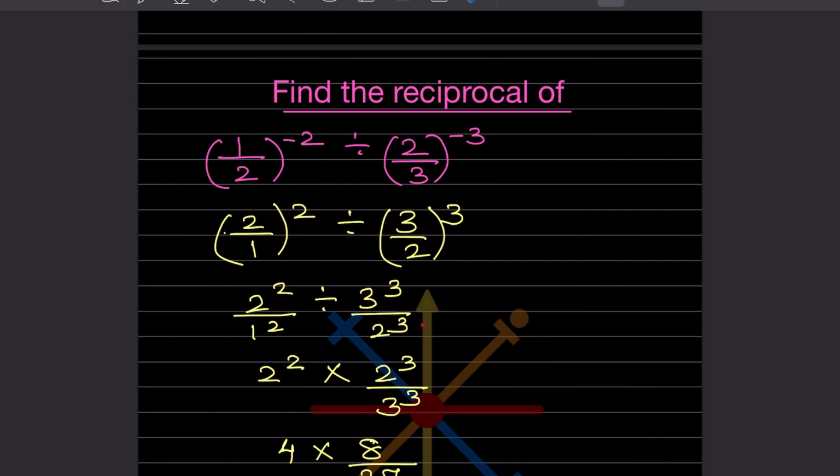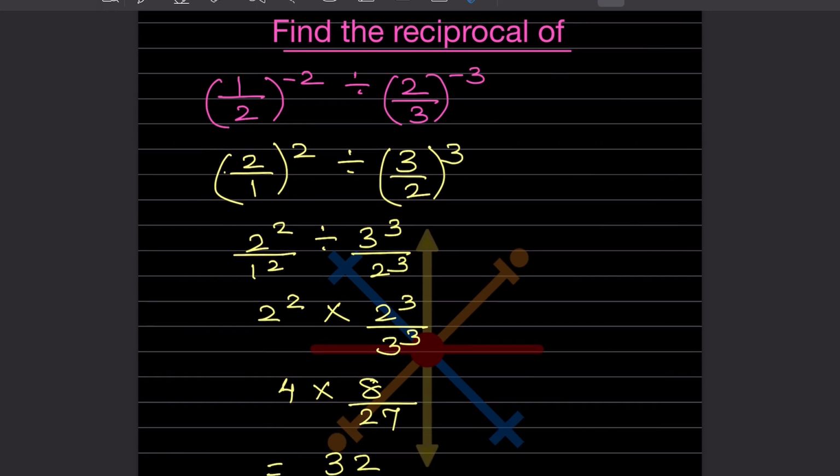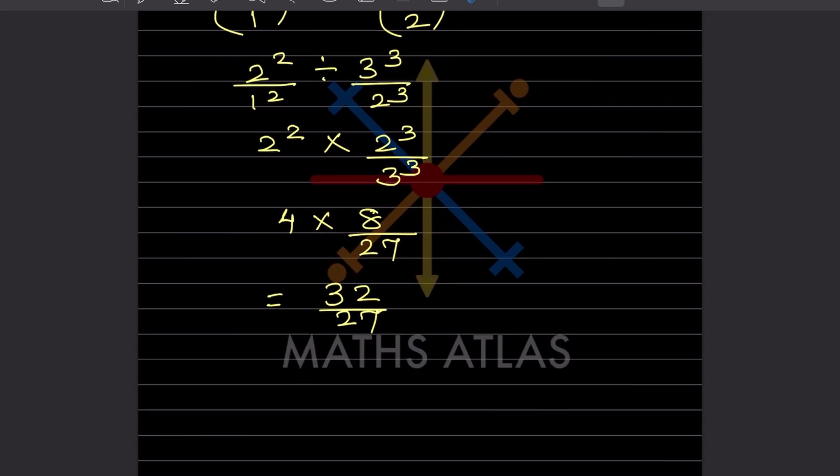So this 2 by 3 will go in the numerator and 3 raised to 3 will come in the denominator. So this is 4 multiplied by 2 cubed, which means 2 into 2 into 2, that is 8, and 3 cubed means 3 into 3 into 3, that will be 27. So the answer is 32 by 27.